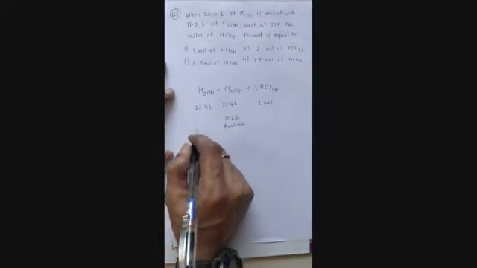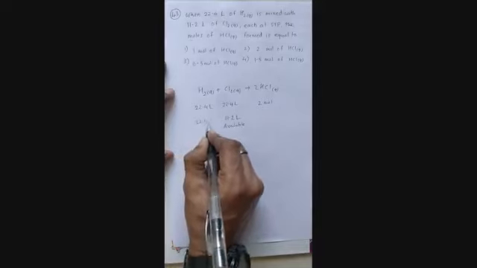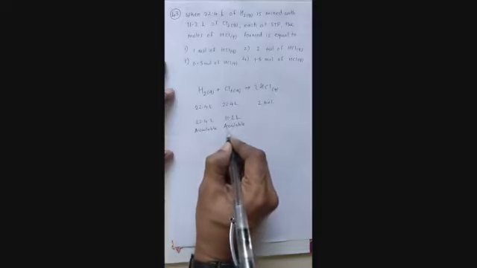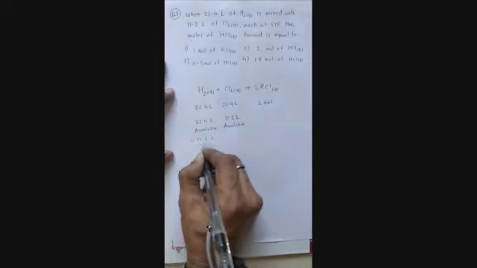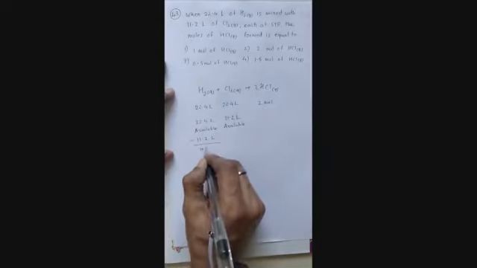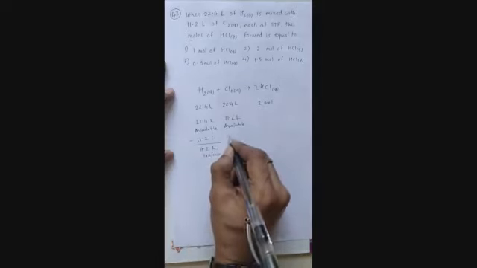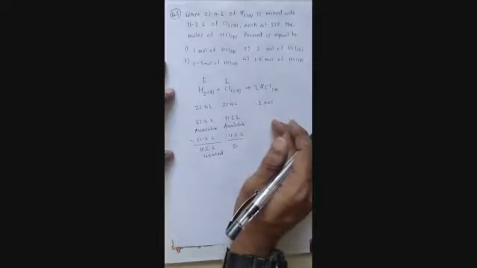Out of the 22.4 liters of hydrogen available, only 11.2 liters will be used and 11.2 liters will remain unused. Whereas the chlorine will be consumed totally, and none of it is left. So this is basically limiting. This is excess. So the product which we get is as per the limiting.